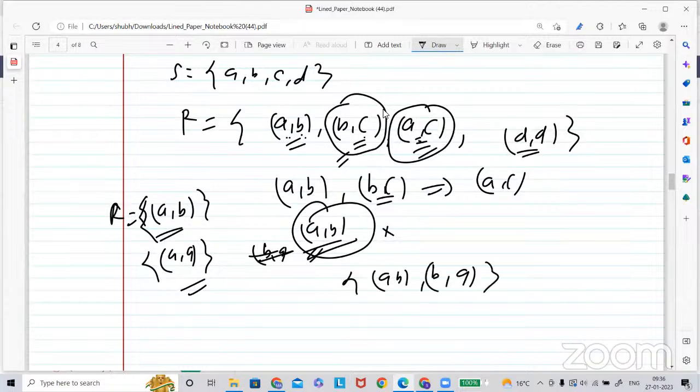But suppose next you added an extra CA. Is this symmetric? No, because if CA is there, AC should be there. So each element has to follow the rule.